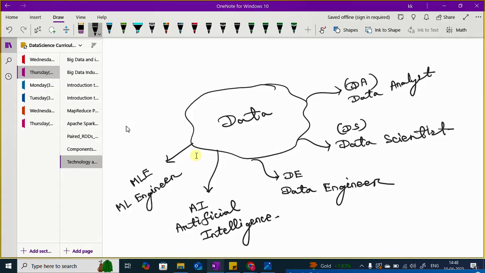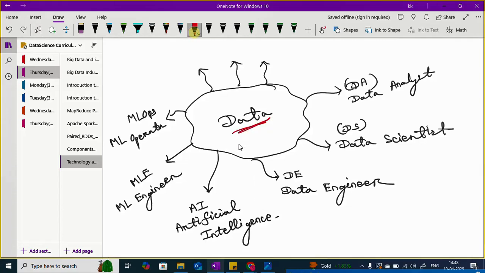Similarly, deep learning engineer, a lot of things. MLOps, machine learning operations, like DevOps. A lot of other things also. I'm not writing them all. A lot of different job profiles came into the market, just depending upon data only.